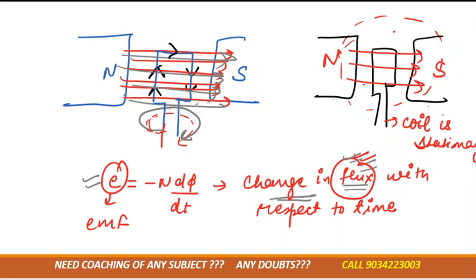So tell me, if we are rotating the magnetic field and the coil is stationary, will the field lines cut or not? The coil is stationary, and we are rotating the magnetic field. So the field lines cut. In the previous case the coil was moving and cutting the field lines, but in this case the coil is stationary and we are rotating the magnet.